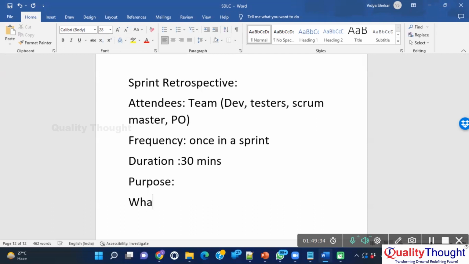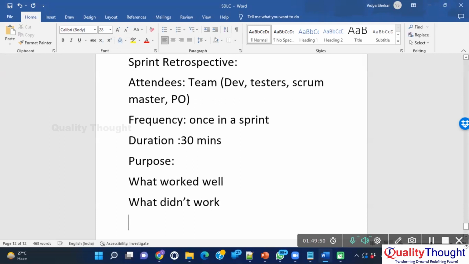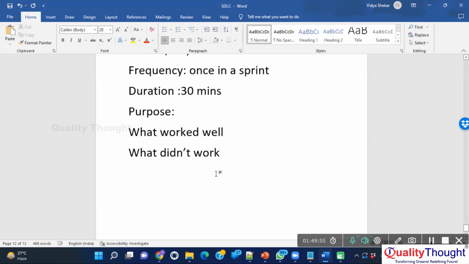What they are going to discuss is what worked well, what didn't work, and improvements and planning for the next sprint.